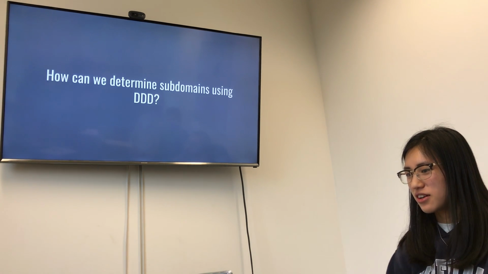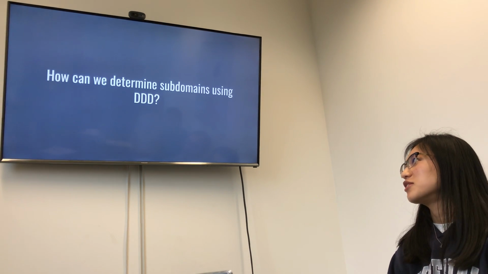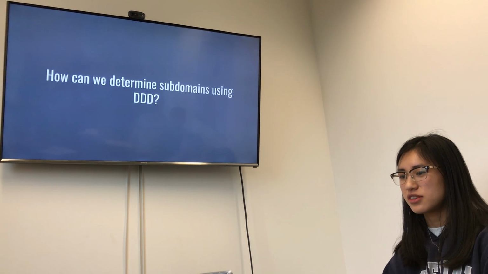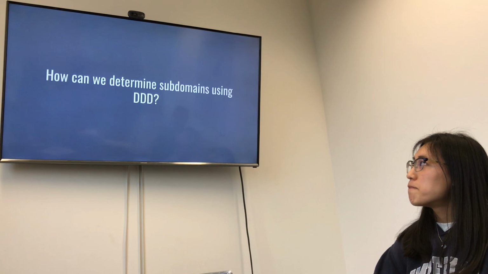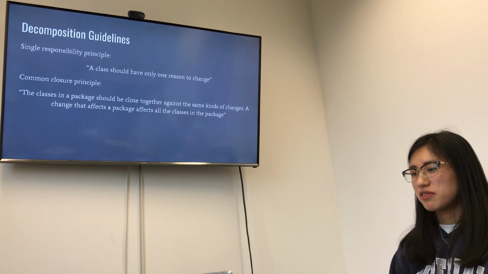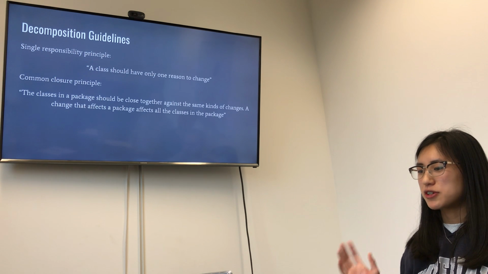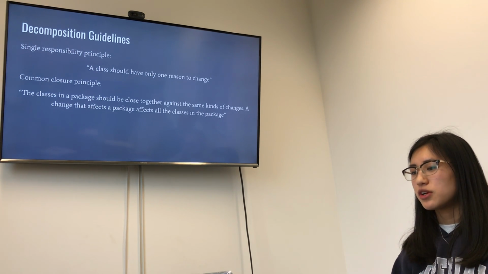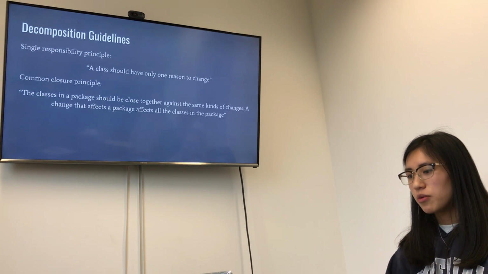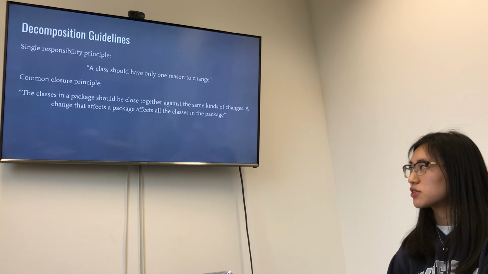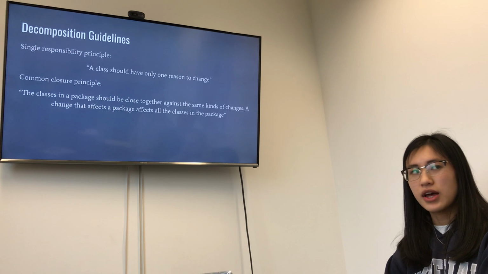Next slide. So into the meat of the topic, how can we determine the subdomains using domain-driven design? Here are a couple of guidelines that I found online. The single responsibility principle: a class should only have one reason to change. One of the main goals of software architecture and design is determining the responsibilities of each software element.